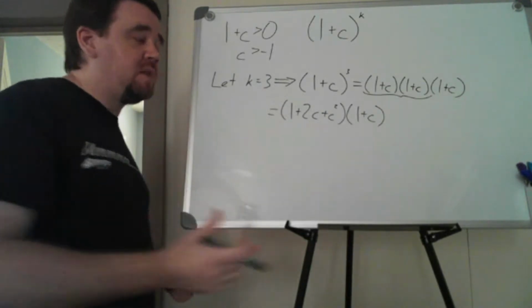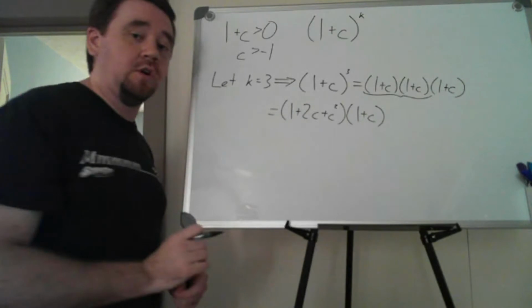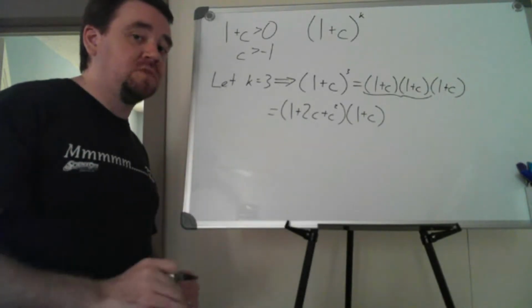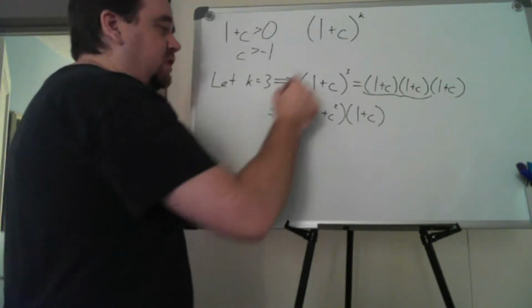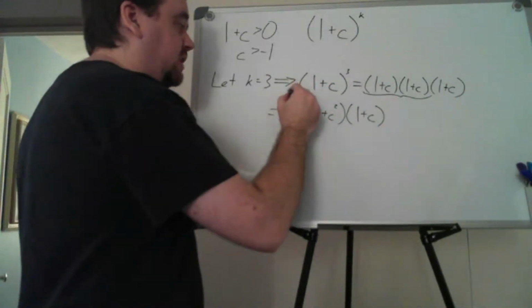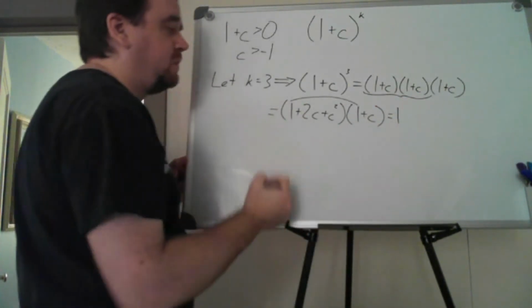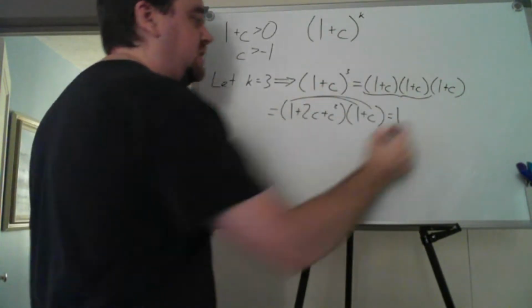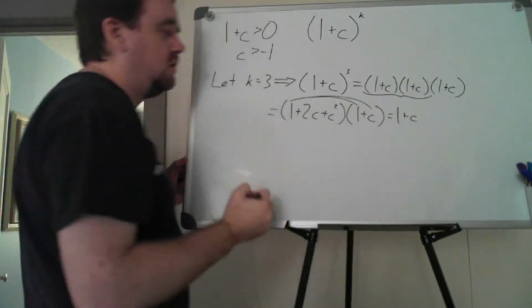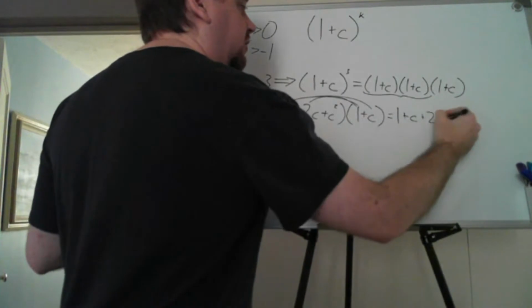Now, in this case, I'm not multiplying something with 2 terms times something with 2 terms. It's 3 terms times 2 terms, but the principle's still the same in terms of distribution. I'm still taking every term from one multiplied by every term in the other. So let's do that term by term. I've got 1 times 1, and that's 1. And then I've got 1 times c, plus c. And then I've got 2c times 1, plus 2c.